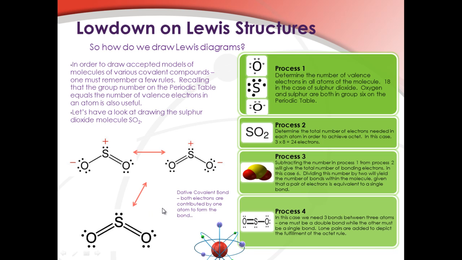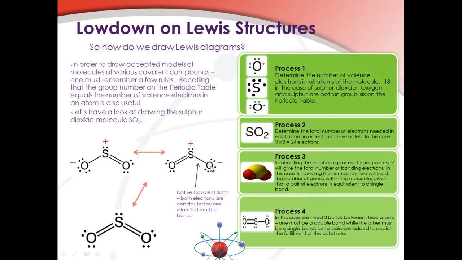One further thing, if you look at this particular arrangement here, and that's quite a correct way to represent sulfur dioxide, we find that we've got 2, 4, 6 electrons around oxygen, which is what we would expect given that it's in group 6.